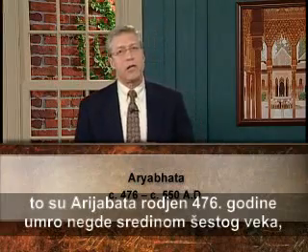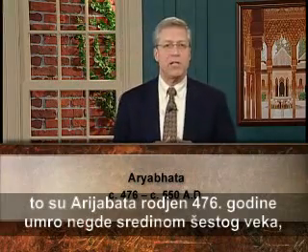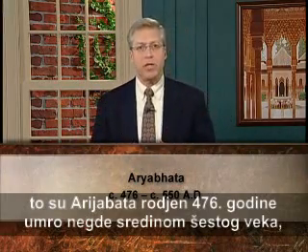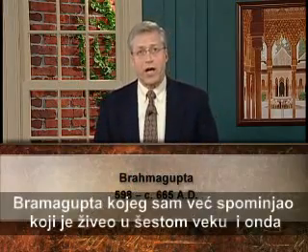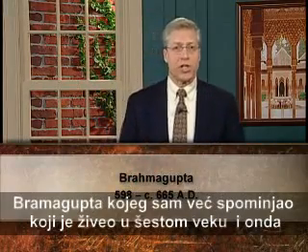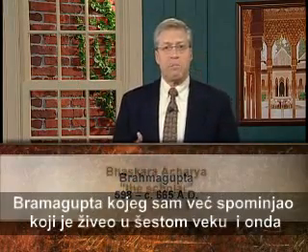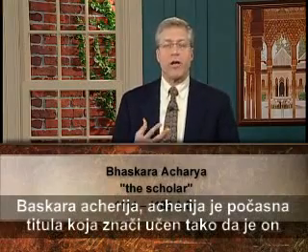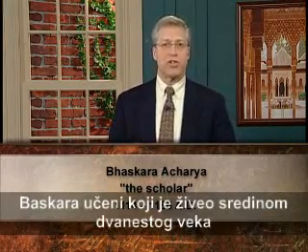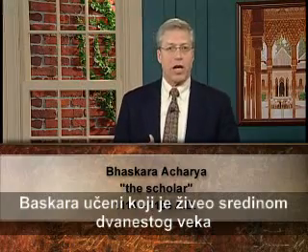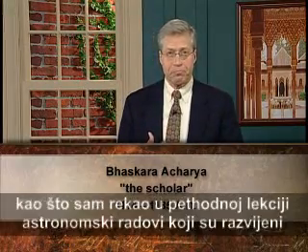These are Aryabhata, born about 476, died sometime in the middle of the 6th century A.D., Brahmagupta, that I have already mentioned, who lived in the 6th century, and then Bhaskara Acharya. Acharya is an honorific title. It means scholar, so this is really Bhaskara the scholar, who lived in the middle of the 12th century.